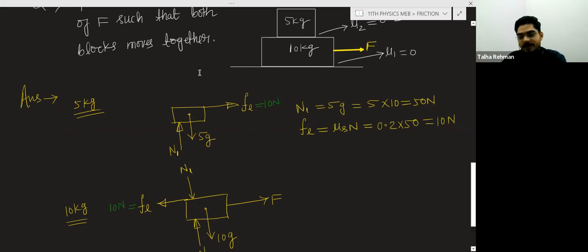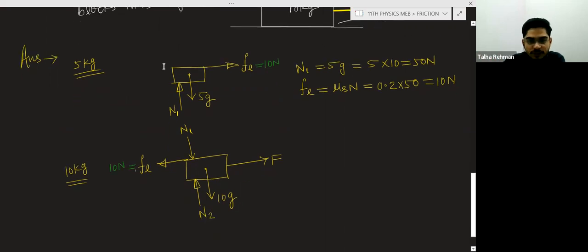Now, in the first step, we have to calculate the frictional force with the help of only the friction force. Means we have to search for the block which has only the friction force. Now see here, on this block there is only the friction force, if we are not considering the normal reaction and the weight.